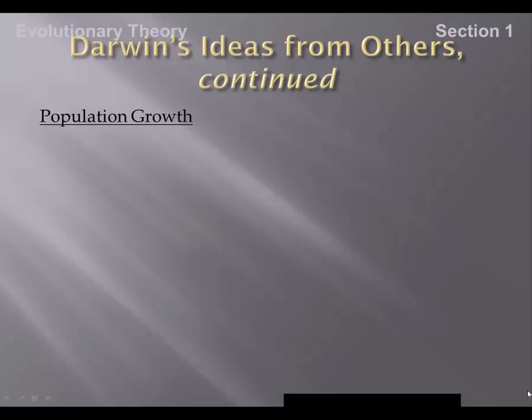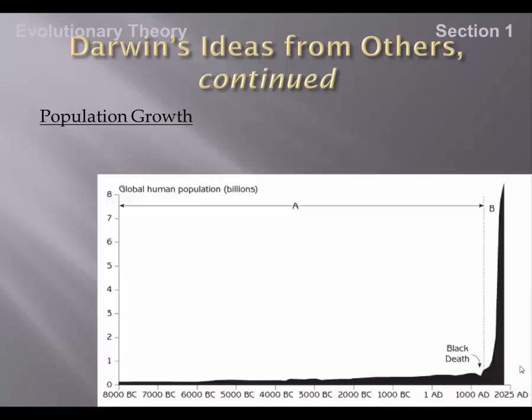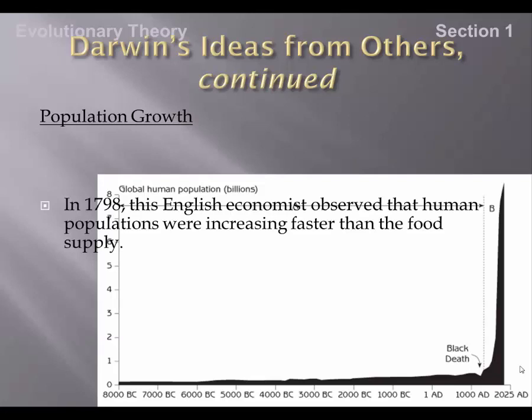Darwin also looked at population growth, and he got his information on population growth from Thomas Malthus. In 1798, the English economics professor observed that human populations were increasing faster than the food supply was.